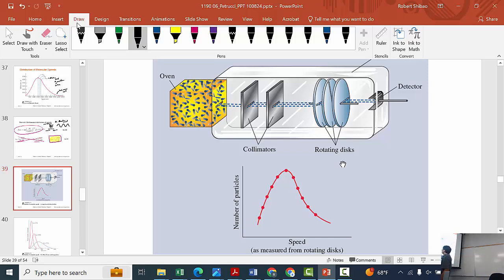So this is just measuring the Maxwell-Boltzmann distribution, and they have these rotating disks where they can segregate molecules based on speed. And so they can measure the population based on how fast the molecules are moving here. And then we get a distribution like this.